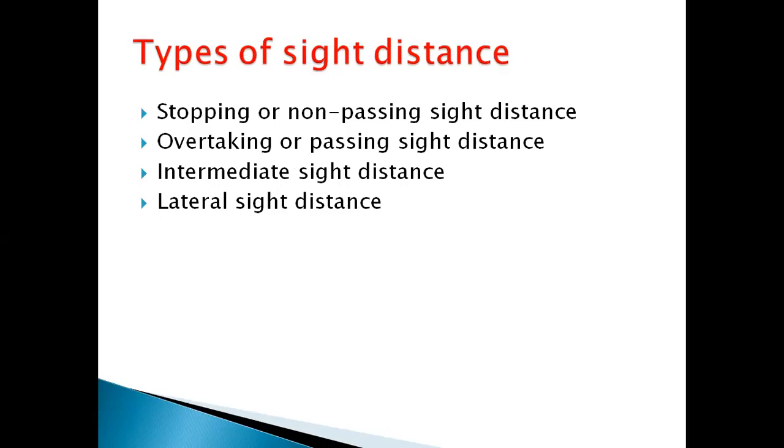These two types we had seen in the last lecture. Now the third type is intermediate sight distance and the fourth is lateral sight distance. These two types we are going to see in this lecture.